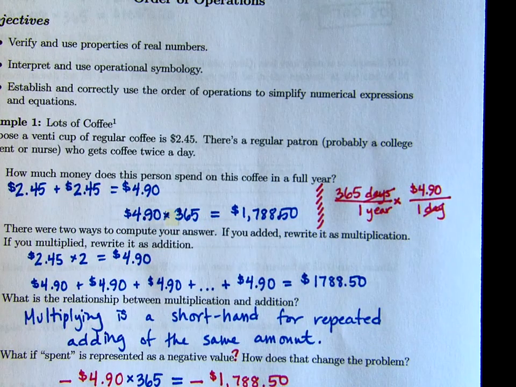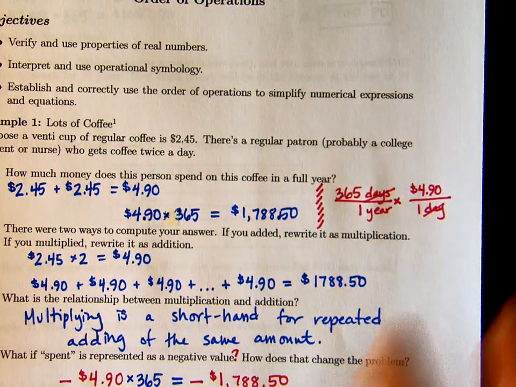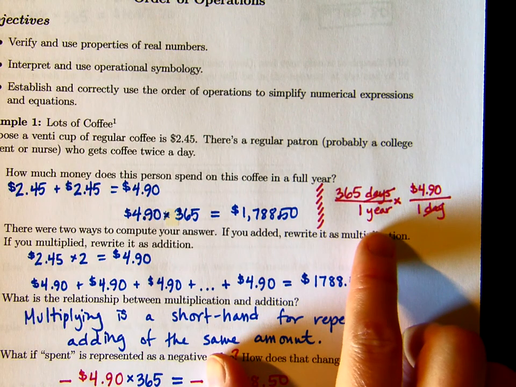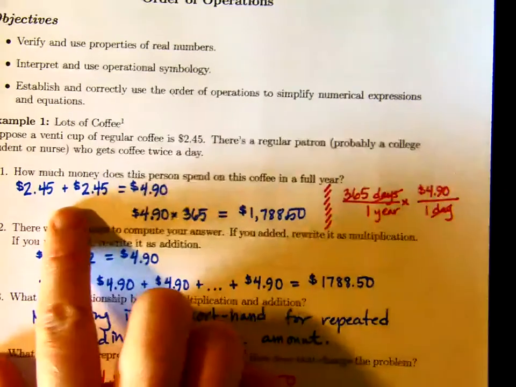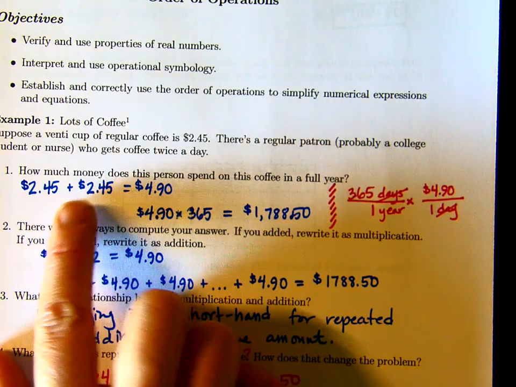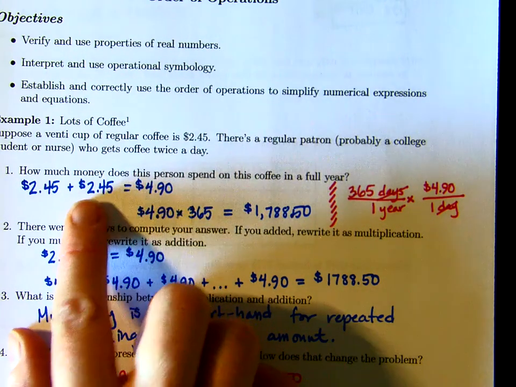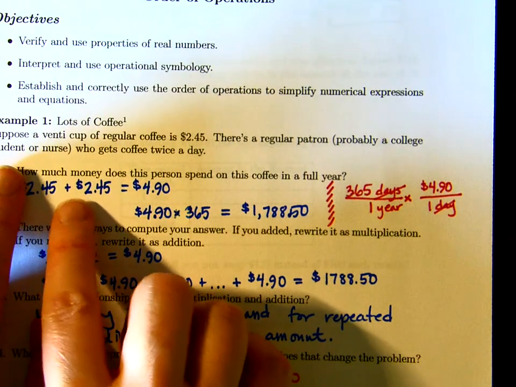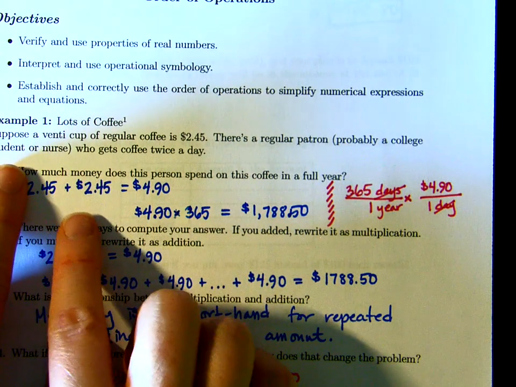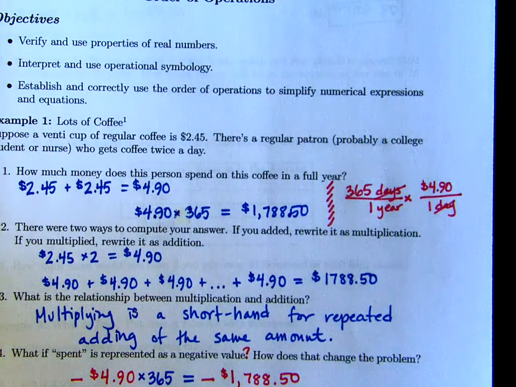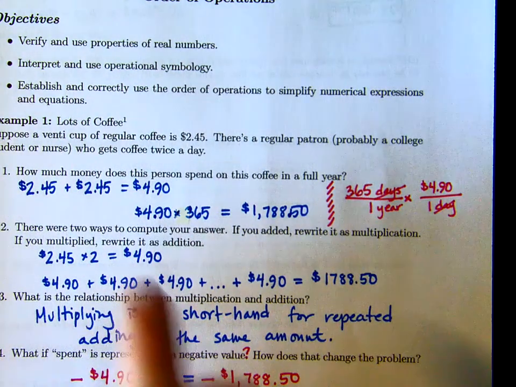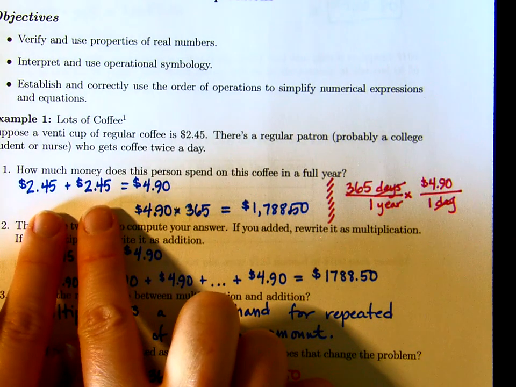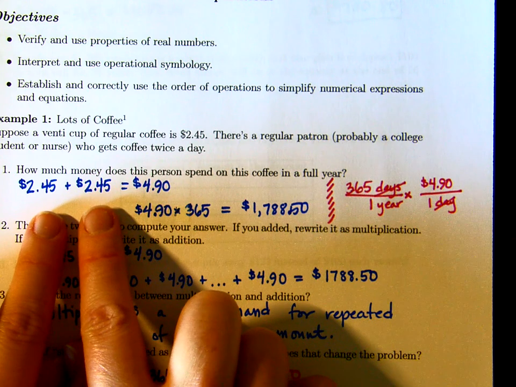So just wanted to mention this because these units, previously I said label everything. I really do want you to label everything. Like notice how I even labeled all of these with dollar signs just to show what they were really representing. If I had left these off, it would have just looked like that. And a lot of people just don't respond quite as well to not knowing what your numbers are actually. Why are we even computing this?